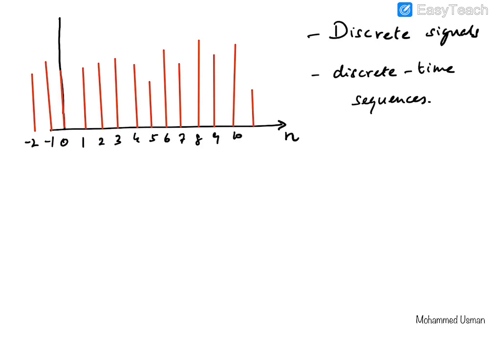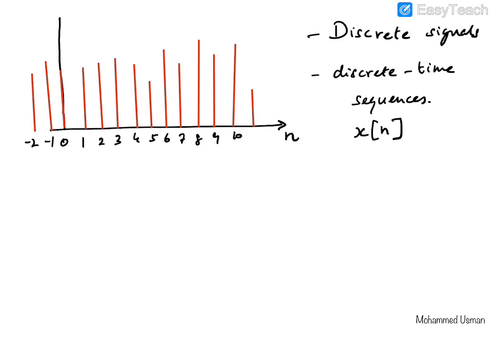So discrete signals are denoted as some variable, whatever is the name of the function, as a function of the index n, and we always represent the discrete signal by putting that independent variable n inside the square brackets.